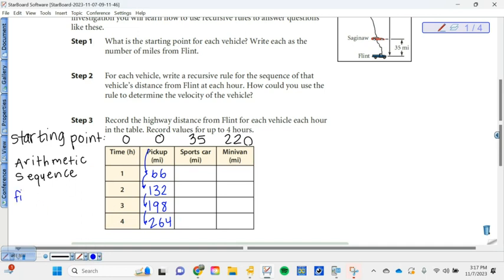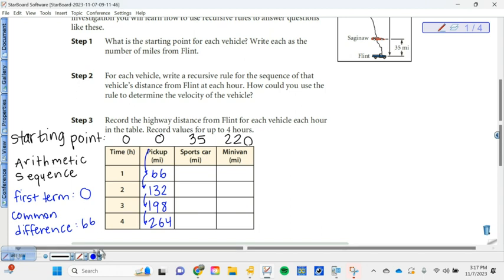We have to talk about the first term, and we have to talk about the common difference. So what's the first term in this sequence? Back it up. 0. And then what's the common difference? How are we going from term to term? That's the 66. Good. Excellent.